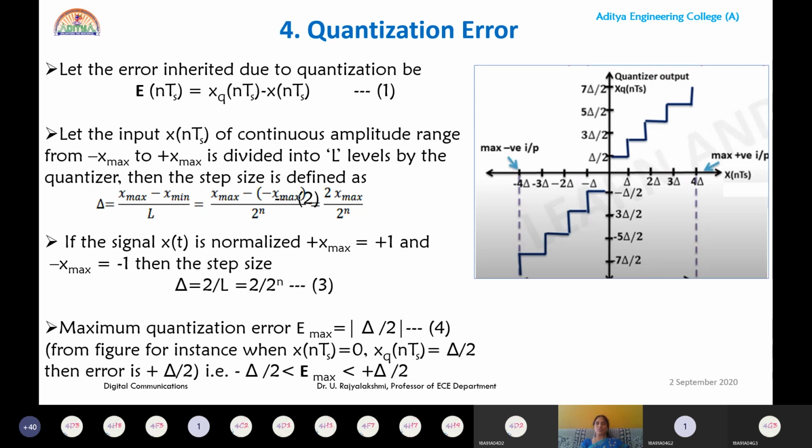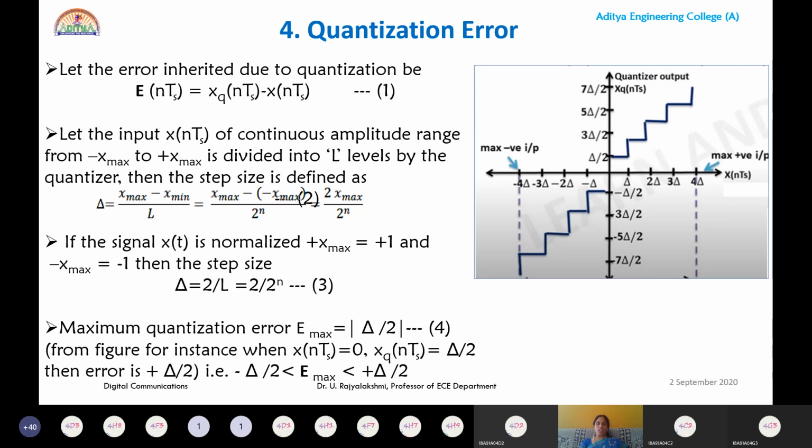Observe the positive staircase waveform: xq of NTS output is delta by 2. What is the error then? Delta by 2 minus 0, so it is equal to delta by 2.